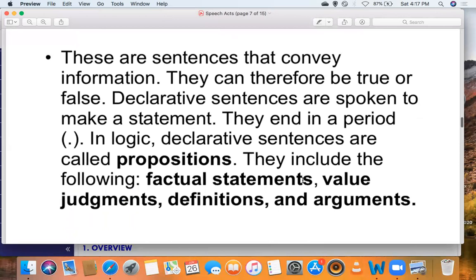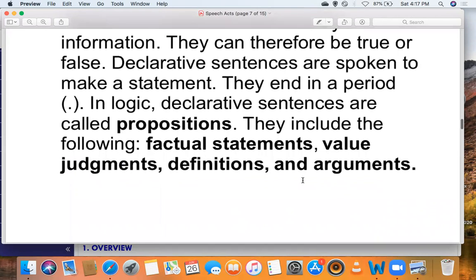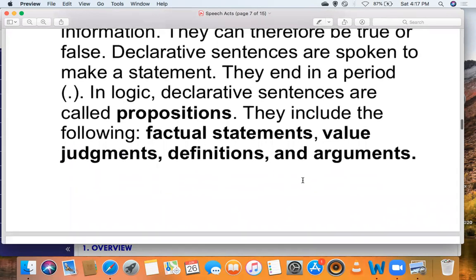Declarative sentences are spoken to make a statement. So you can say that declaratives are also called statements. Declaratives end in a period, or what we call a full stop. In logic, declarative sentences are called propositions. So you can say that declaratives are also called propositions.